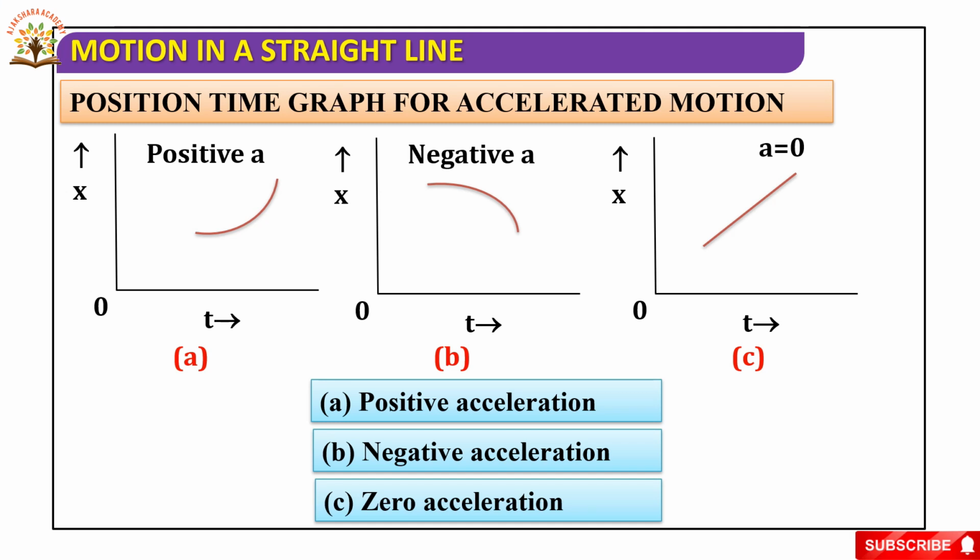So, in the first one, positive acceleration, velocity increases with respect to time. Here the velocity decreases with respect to time, so it is negative acceleration. Here the body is moving with uniform velocity, so its acceleration is zero. Okay, next.